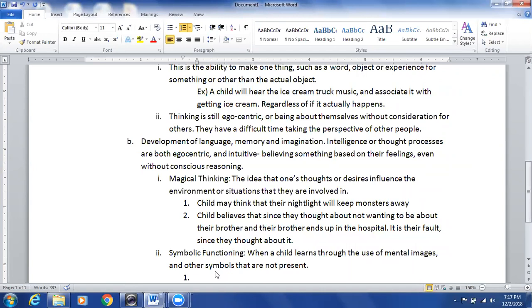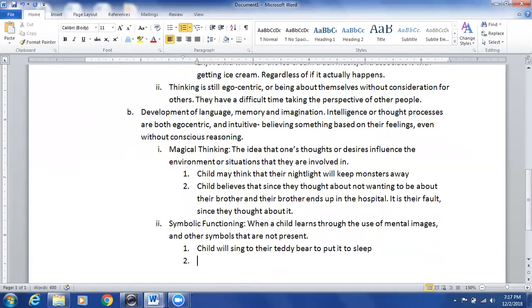So what does this look like? An example of this is a child will sing to their teddy bear to put it to sleep. Even though singing to it isn't really possible, they feel like since they saw someone else, when they get sung to, it puts them to sleep. So they apply that to the teddy bear, even though it doesn't have actual function.